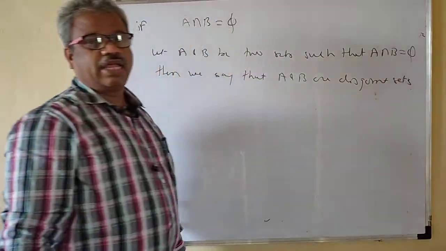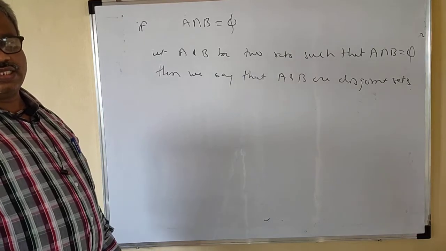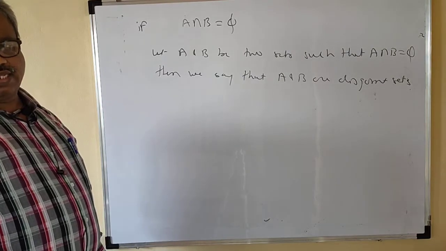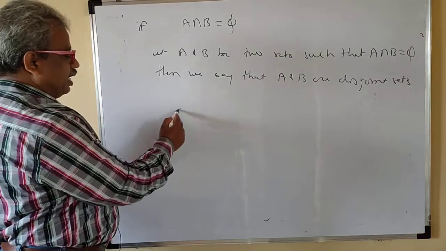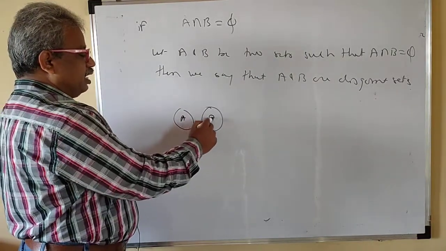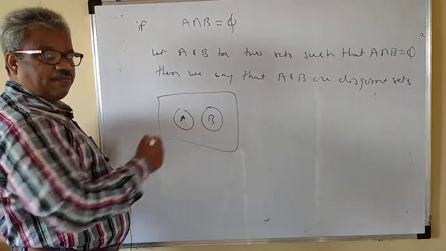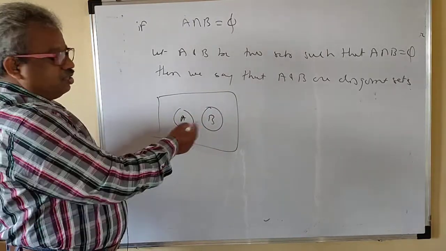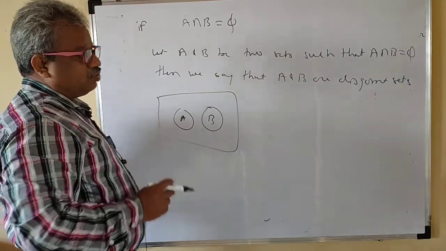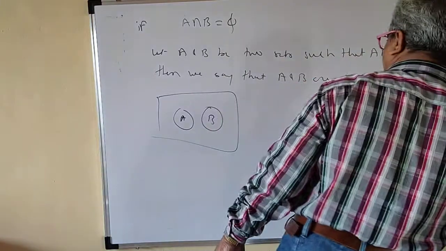That means they have no common point, that means their intersection is empty. This is your set A, this is your set B, this is your universal set. This is the Venn diagram of disjoint sets. There is no common element, so the sets are disjoint.